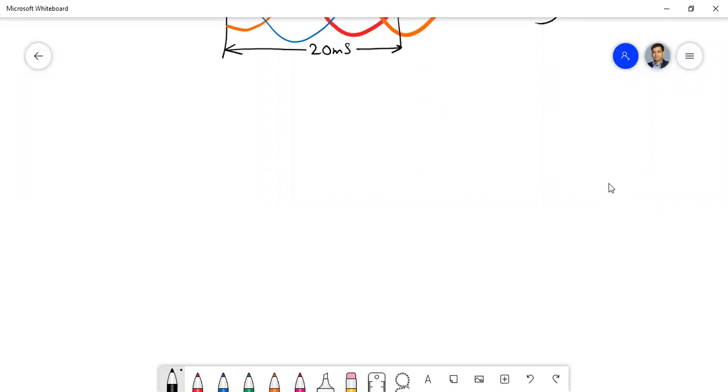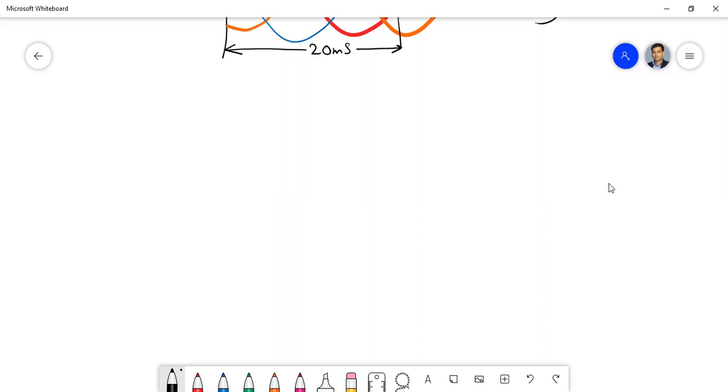One is static, which is called the stator, and another is rotating, which is called the rotor. Here also, for the three-phase induction motor, we have one static component, the stator, and another rotating component, the rotor.